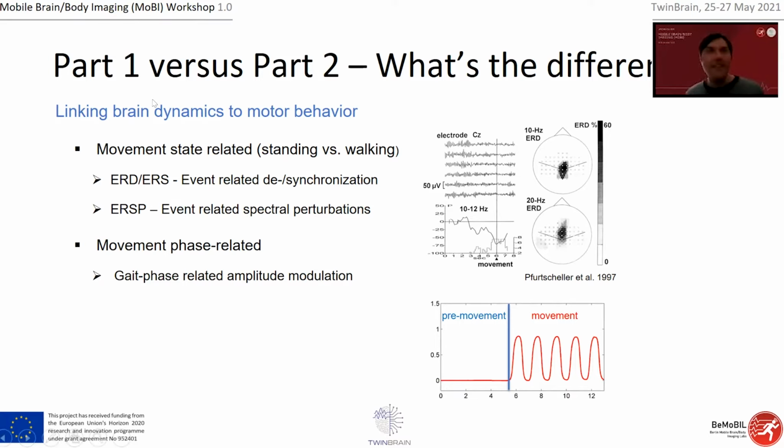And the second type of activities we can envision are movement phase related, or in this case, gait phase related modulations. Because if you continue the discussion with your friend, talking conceptually about what gait might be, one could say, well, in gait you move your legs repetitively, and therefore there is some kind of phasic activity you can study. Meaning, in addition to this movement state, within this state there are different cycles, right? Gait cycles.